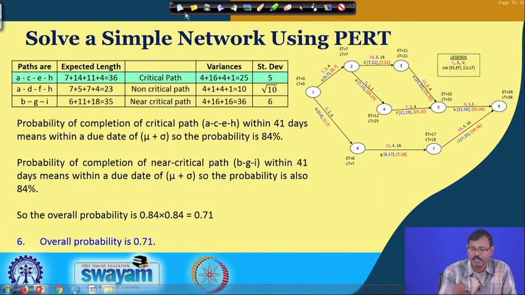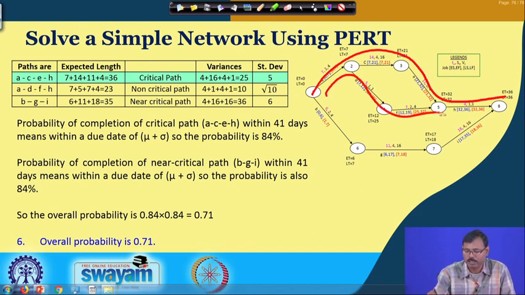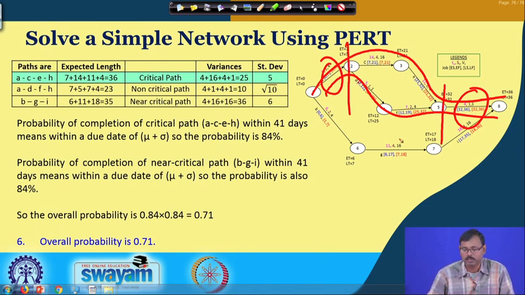But if the critical path is this one and the near critical path is this one, in that case there is dependency in this job and this job, and that is why their probabilities cannot be multiplied. In those cases the common job has to be considered separately and the separate jobs have to be considered separately, so that the overall probability can be calculated.